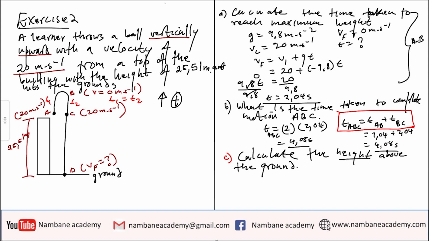Sir, aren't you going to work from C to D? C to D is 25,51 meters. Remember, that is now the height that we have. The question is not above the height of the building, but above the ground. So above the ground means from there to there.